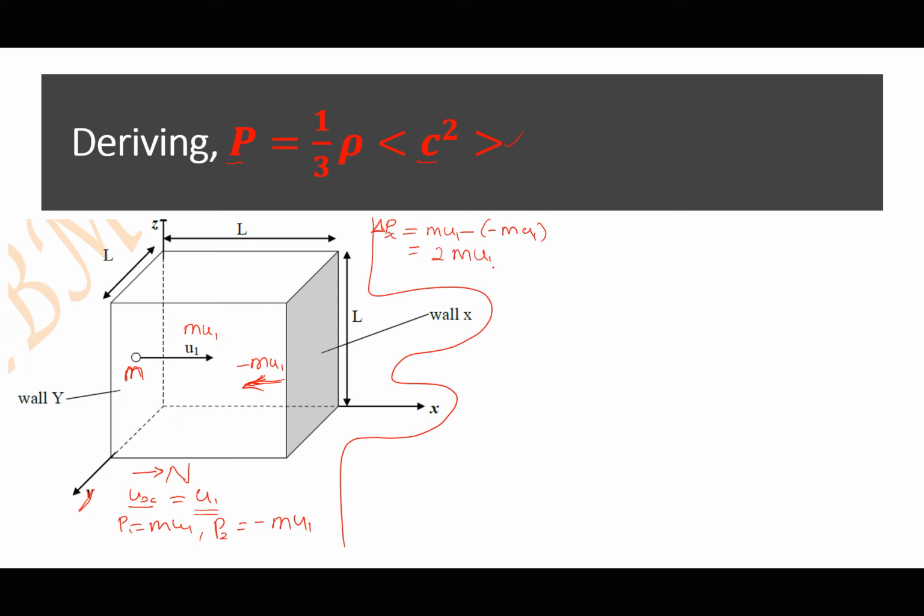So for a single molecule moving in the x direction, that is from wall Y to wall X, when it collides with wall X, it experiences a change in momentum as it rebounds. Remember, the collision is considered to be perfectly elastic.